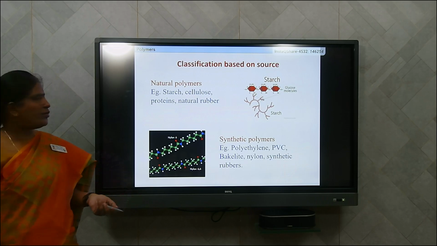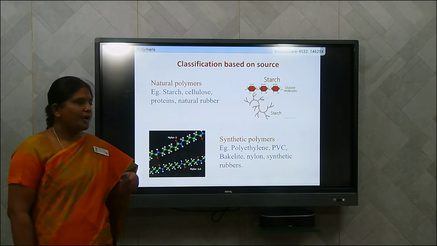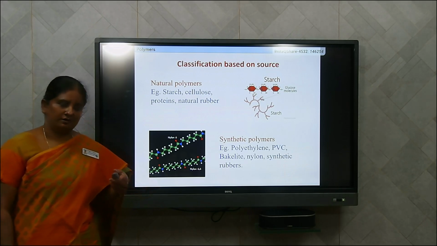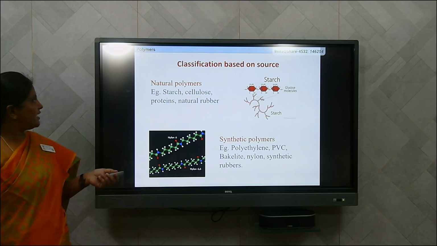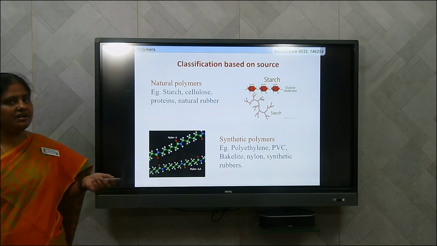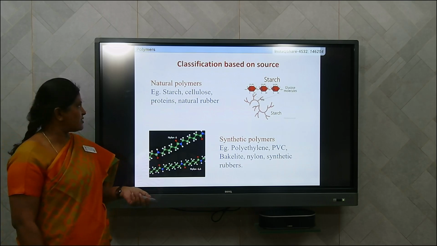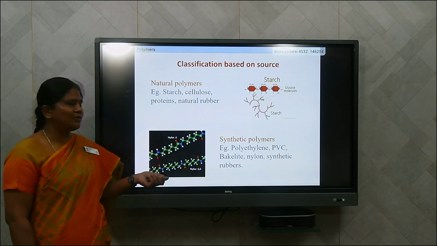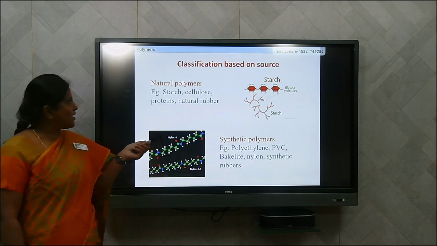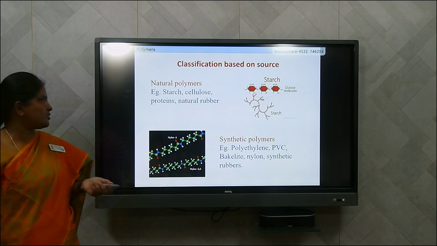Next, let us move on to classification. Polymers are classified in various ways. First, classification based on source. Based on source, polymers are classified into two types: natural polymers and synthetic polymers. Natural polymers are obtained from natural sources.